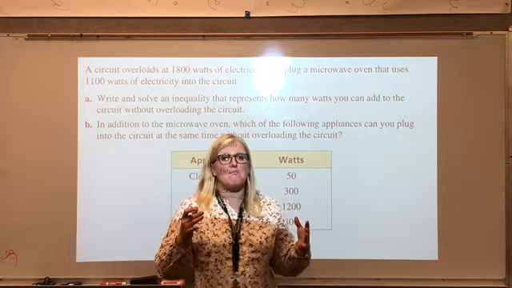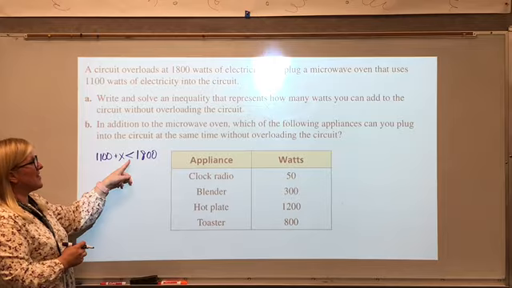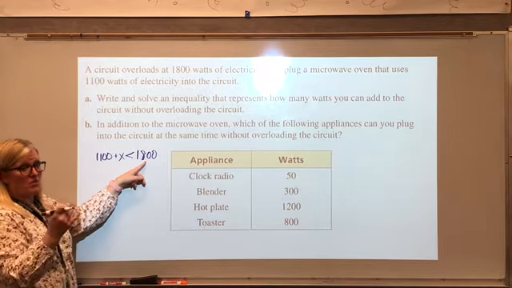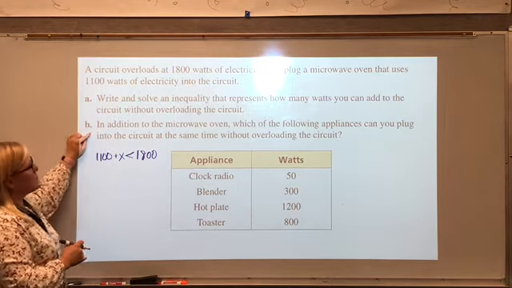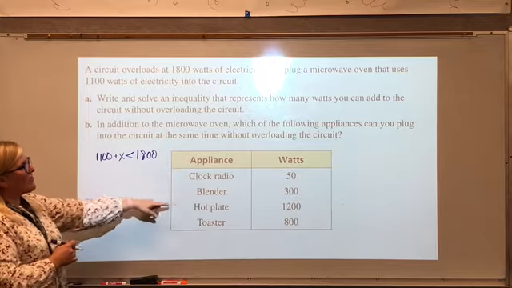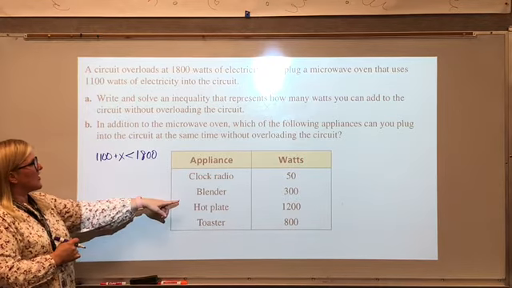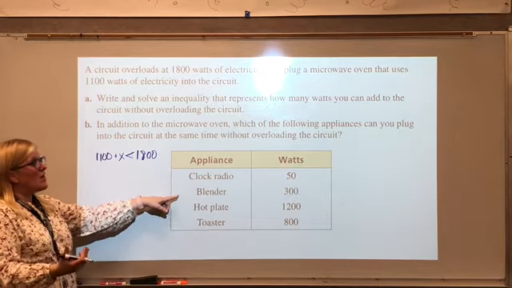Okay, then I've got my microwave, which is 1100, plus x amount for whatever else I can add on to that, okay? So my microwave plus something else has to be less than 1800 or the circuit will blow. Okay, so in addition to the microwave oven, which of the following appliances can you plug into the circuit at the same time without overloading the circuit?